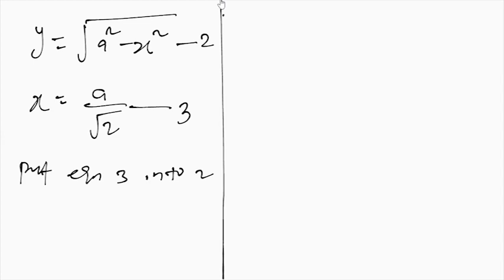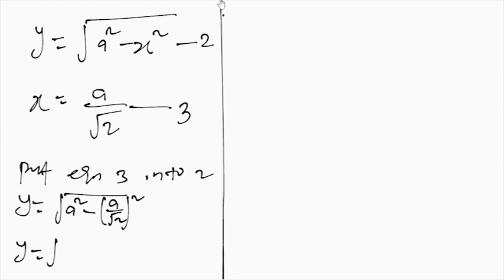If we do that, we have y equals the square root of a squared minus a over root 2 all squared.